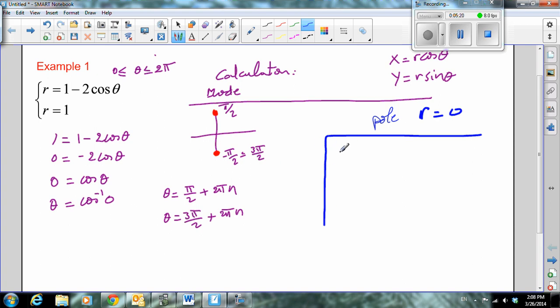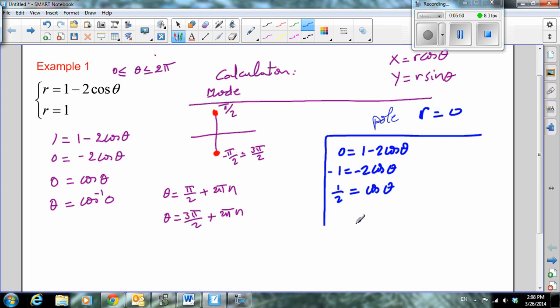The first statement is 0 equals 1 minus 2 cosine theta. Our goal is not to solve, our goal is to see if it can work. So let's subtract 1. I get negative 1 is equal to 2 cosine theta. Divide by negative 2 to get 1/2 is equal to cosine of theta. Well, I can stop here because 1/2 is less than 1. Remember, cosine theta is always between negative 1 and 1. But if you don't remember that, that's okay.